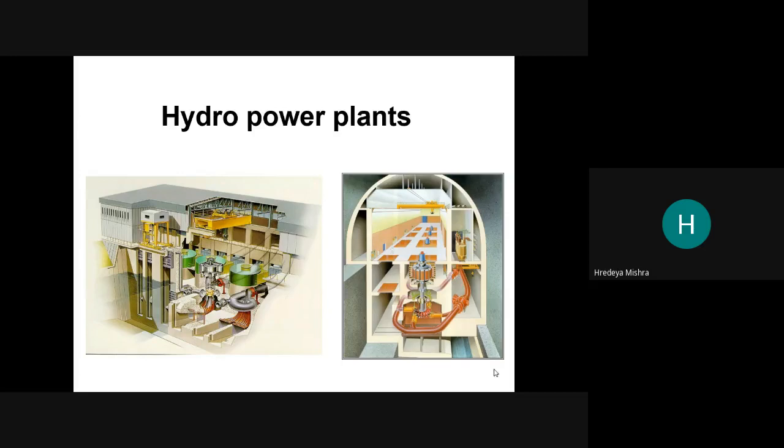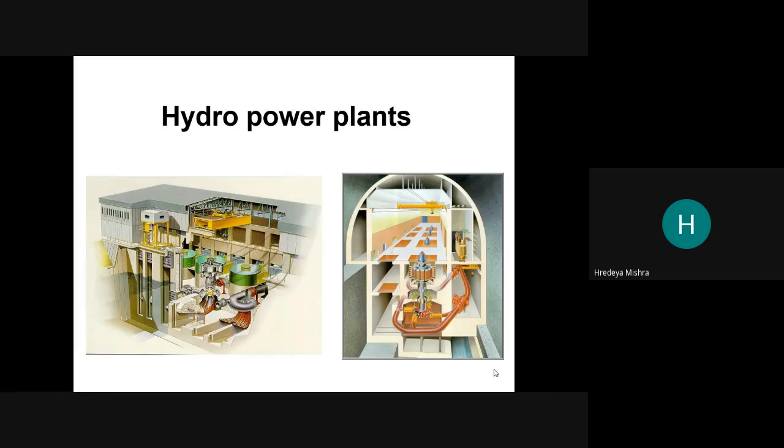So today we are going to discuss the hydraulic power plant, means hydro power plant in the short form. Hydraulic becomes hydro. So hydro power plant. Why is a hydro power plant used?